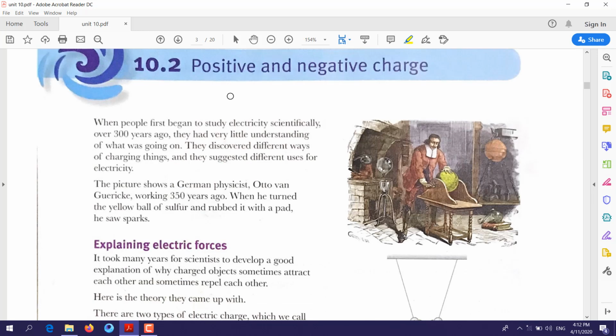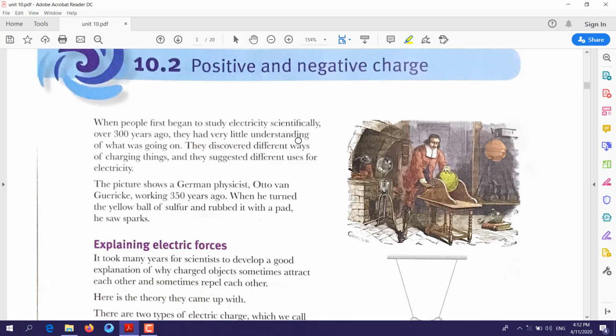10.2, positive and negative charge. All that I explained was about attraction and repulsion. But how does this attraction and repulsion happen, or what is it affected by? It is affected by the kind of charge. Is it positive or negative charge?